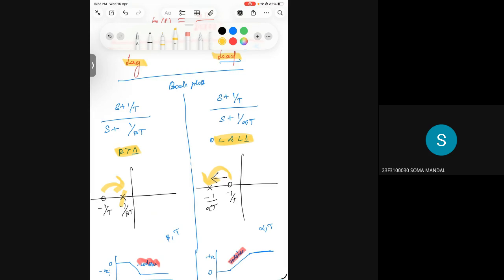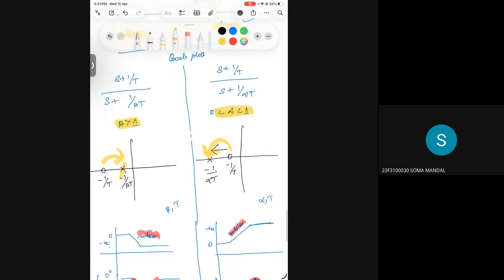Clear? I'm comparing it with the zero. If you fix a zero at one point, the lead's pole will be here, the lag's pole will be here. That's how you should remember.